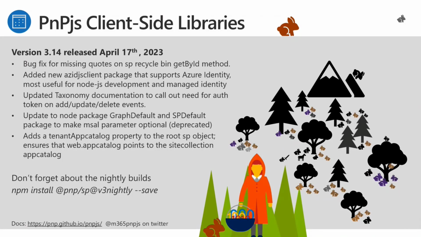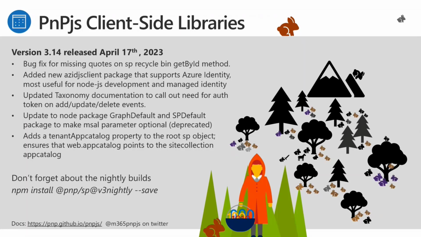We did a big new add for an Azure Identity JavaScript client package. So that is a new package in our packages library for PnPjs that allows support for Azure Identity. Most useful for Node.js development projects, but it does support a lot of different things.